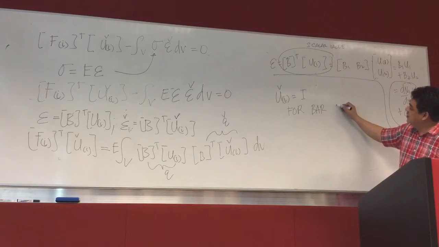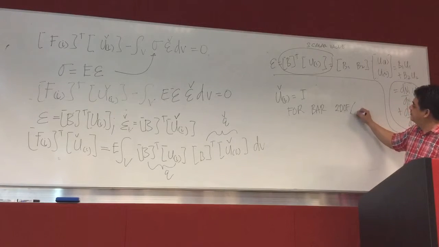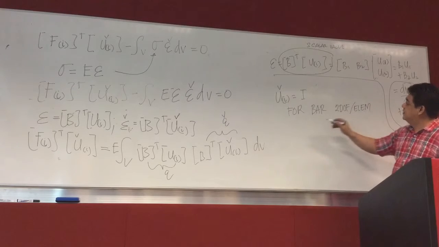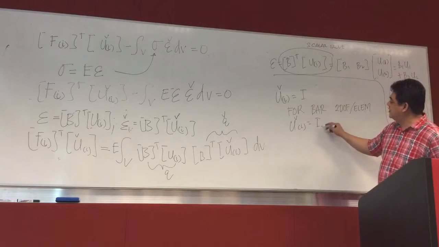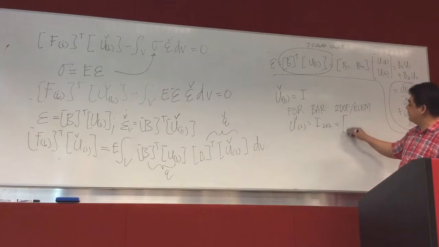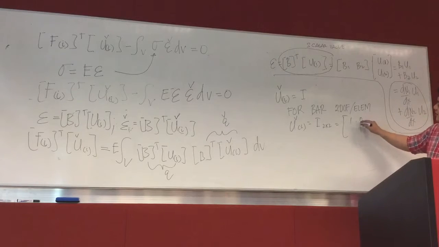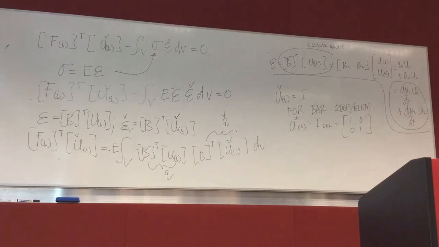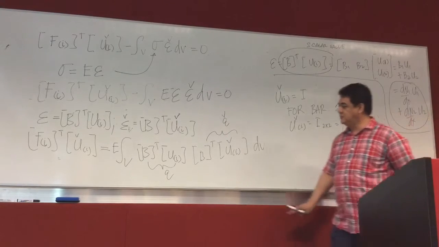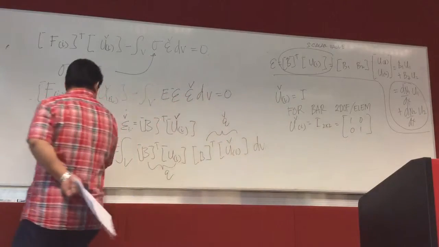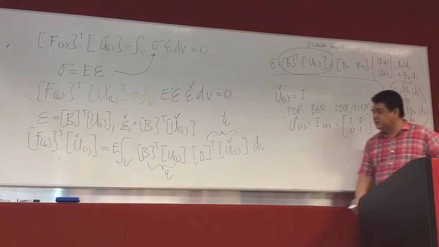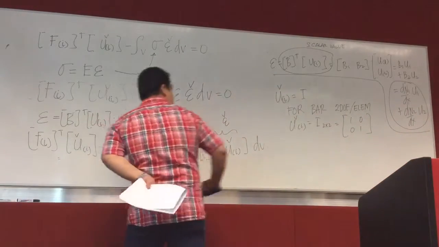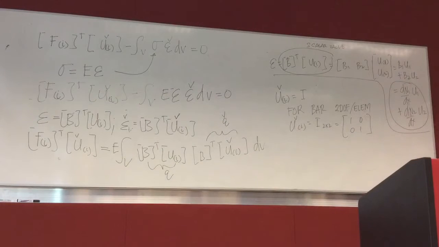Your virtual displacement is a 2 by 2 identity matrix, or simply 1, 1, 0, 0. Okay? So this one is virtual, that is virtual. I would like to continue. This is okay.